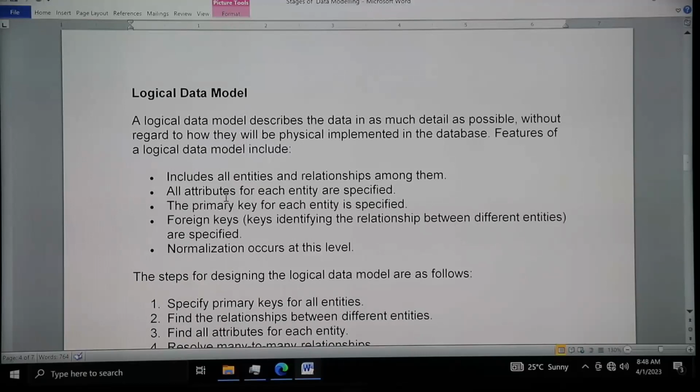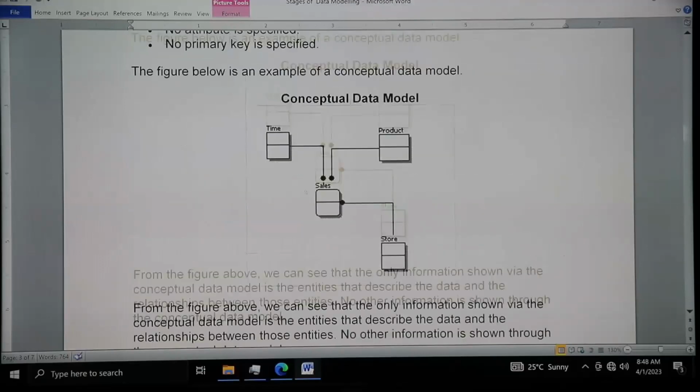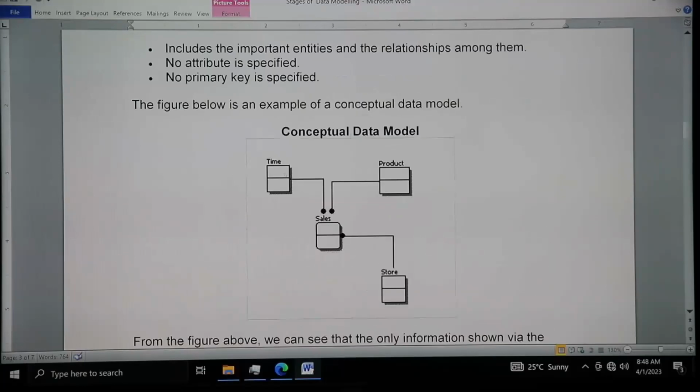What is lacking in our previous model is details for these entities. We don't have attributes. When you're talking of product, what are we specifically referring to? Which columns are involved in a product design? We don't have those details.